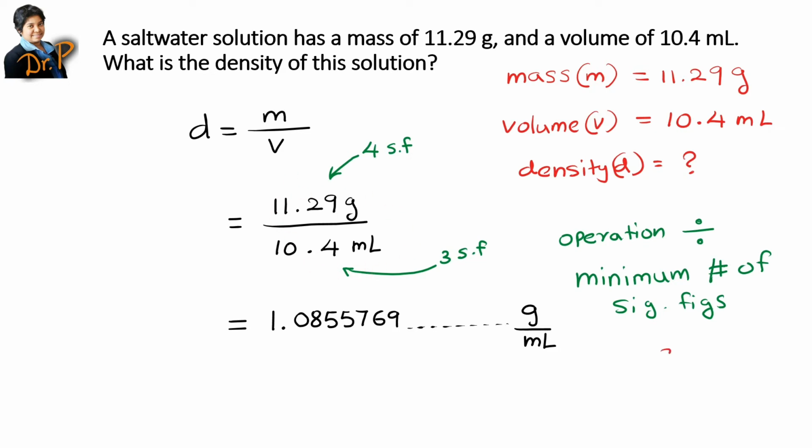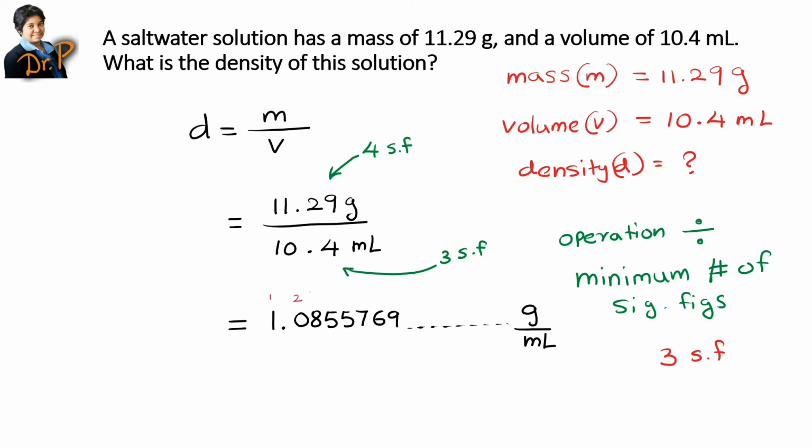That means our final answer should have 3 significant figures. Why? Here we have 4 sig figs, and over here we have 3 sig figs. If we have an operation multiplying or dividing, our final answer should have the minimum number of sig figs. So from this answer we have to choose the first three sig figs and report the final answer to only 3 significant figures.